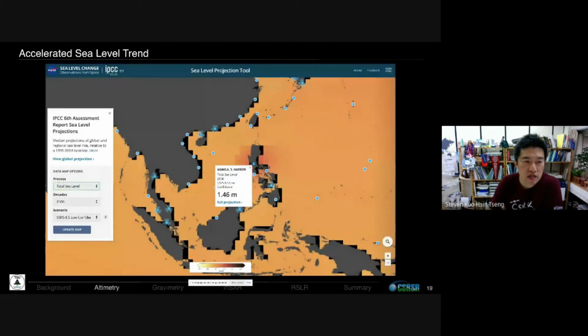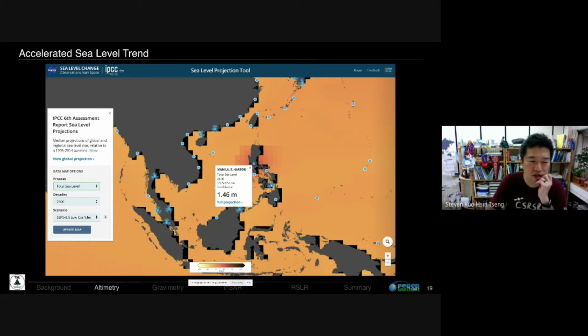If you check the current IPCC AR6, NASA made a very good website. It's an interactive panel where you can select which kind of process you want: the total sea level, all the parameters, when the projection is, and what the scenario is. Today, the IPCC AR6 uses a scenario called SSP, the so-called shared socio-economic pathway.